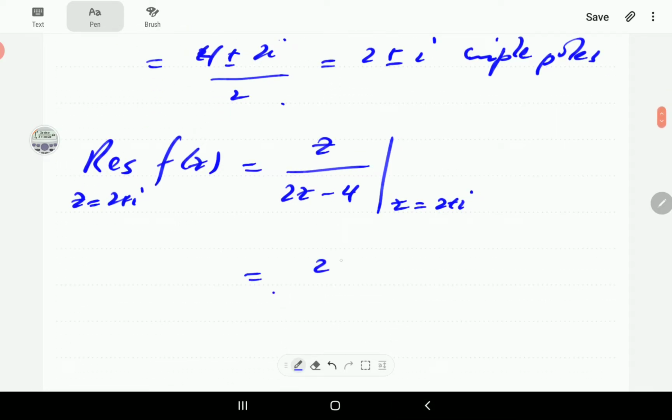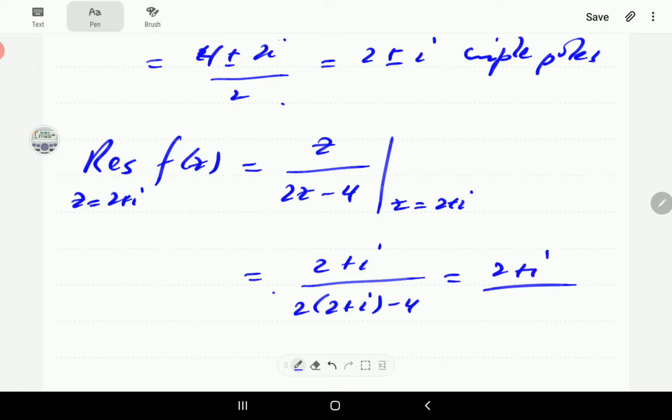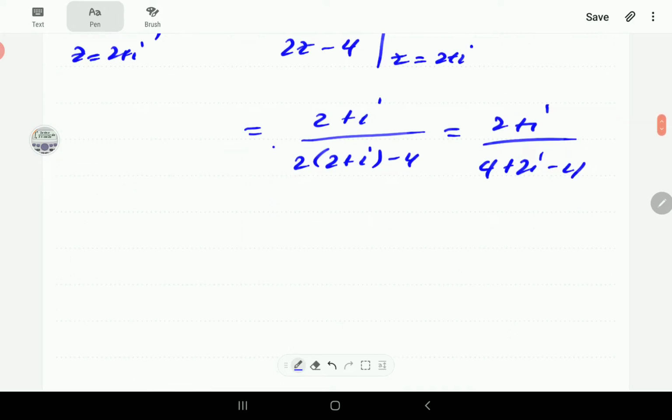Then we plug in z is 2 plus i here. So the numerator is going to be 2 plus i. Denominator is going to be 2 times 2 plus i minus 4, so 4 plus 2i minus 4. The 4 cancels out in the denominator. So we've got 2 plus i all over 2i.